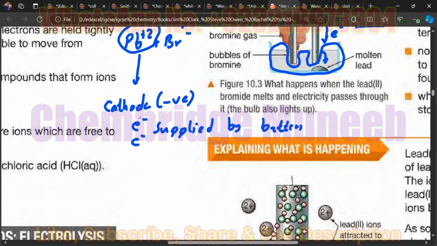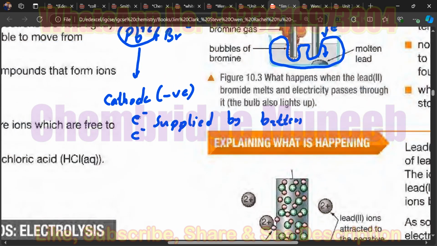So when the lead ions are attracted towards the cathode, they will gain the electrons from there. The Pb2+ ion will gain electrons, and they are gaining 2 electrons, not 1, because there is a 2+ charge on it. So it will accept all of the electrons which it can.